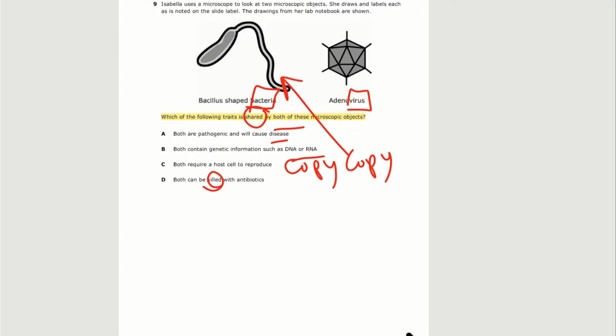It's not alive. Only things that are alive can be killed. Okay. So the answer could be A or B. And we're going to go with the best one. We're going to go with B like boy because not all bacteria cause diseases, guys, although they can.